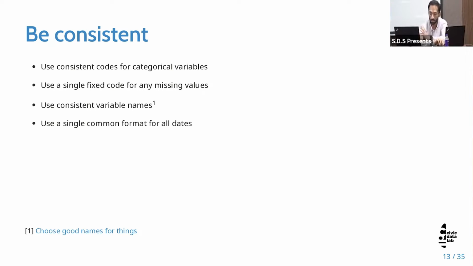Variable names should be consistent, and there's a very good doc here on how to have good variable names. And use a single format for all dates. So if there are 5 different variables with dates, all of them should follow the same format. It should not be like one of them is DD and the other one is YYMMDD. Technically all of them should follow the same format.